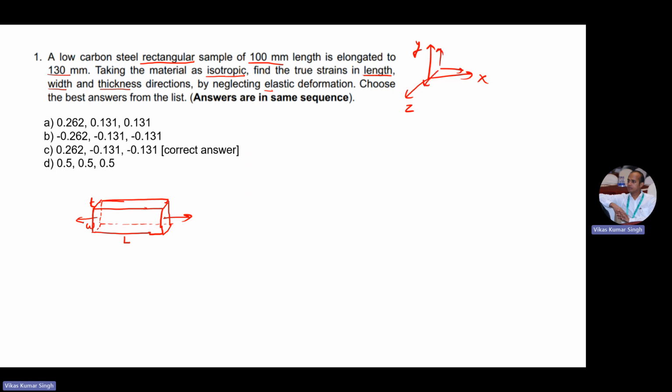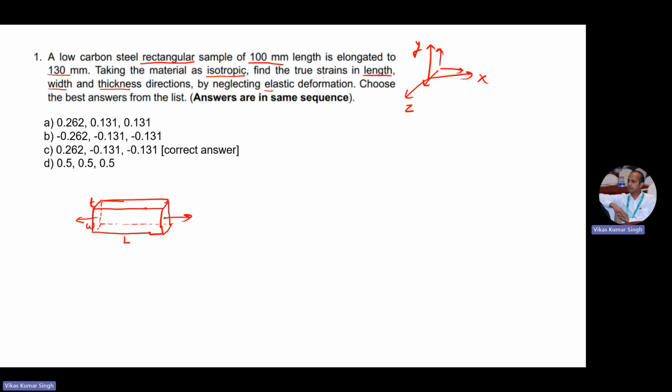What do we mean by material property? Material properties are elastic modulus, Poisson's ratio, bulk modulus. All these properties are the same in all directions, so it is direction independent. That is what isotropic means.